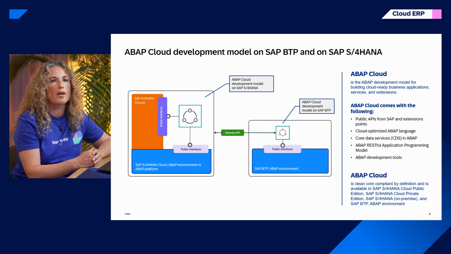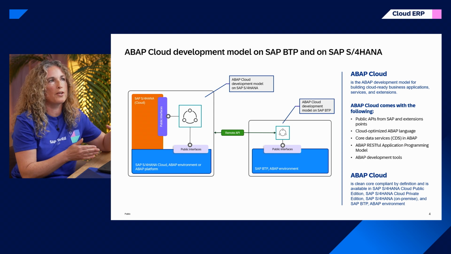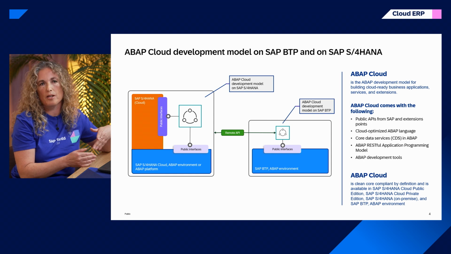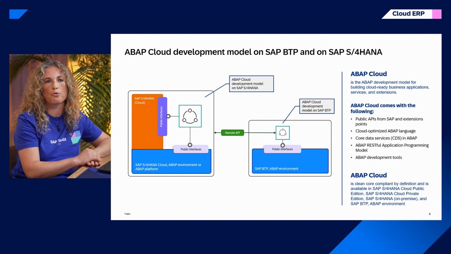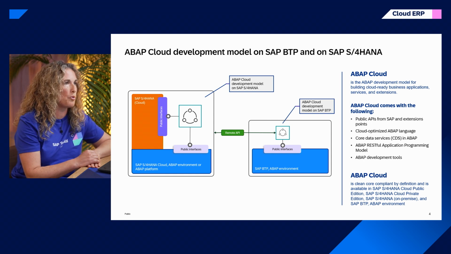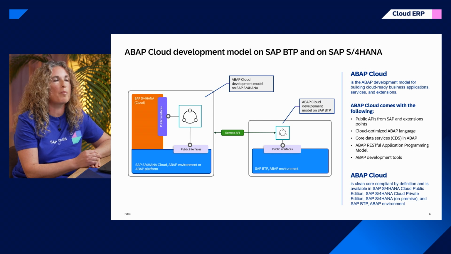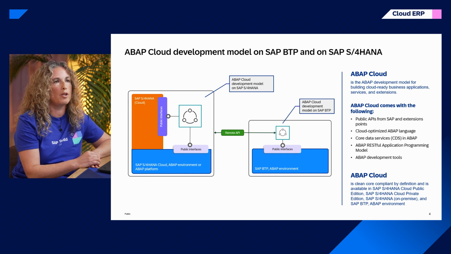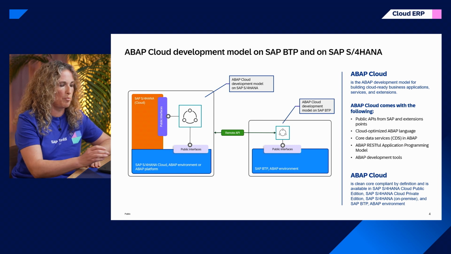And with regard to development environment, if you need small extensions via key user extensibility, then you use key user tools, which are web-based. And for ABAP development-related tasks, you use ABAP development tools for Eclipse. In that sense, ABAP Cloud is Clean Core compliant by definition, and is available in all SAP S/4HANA editions and additionally in SAP BTP ABAP environment.